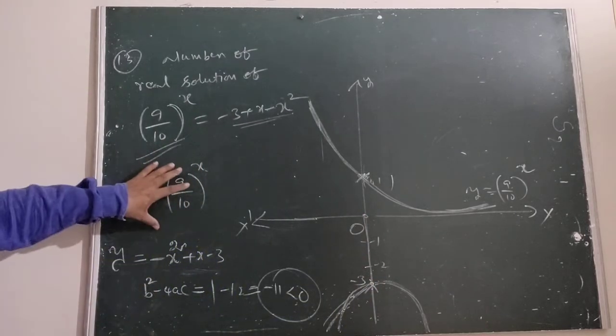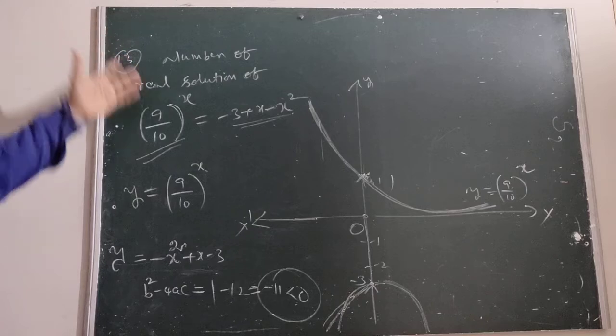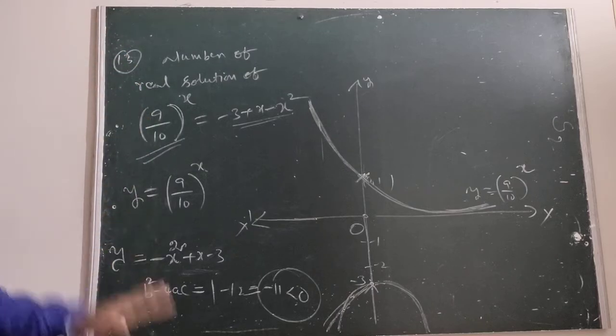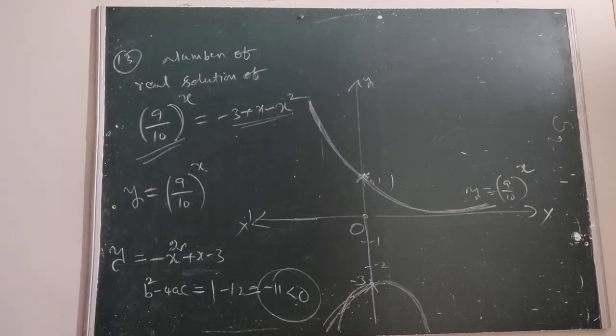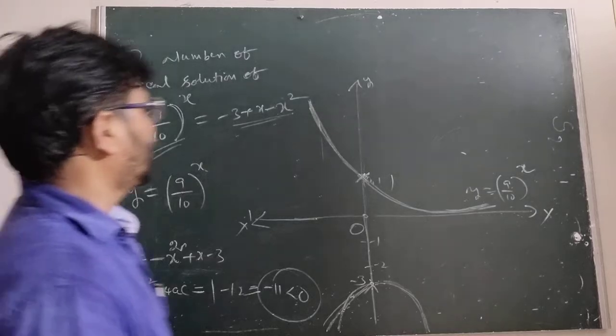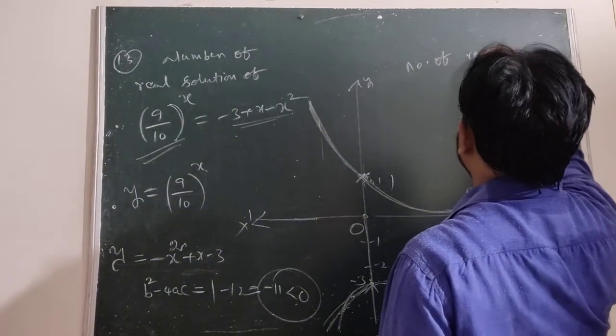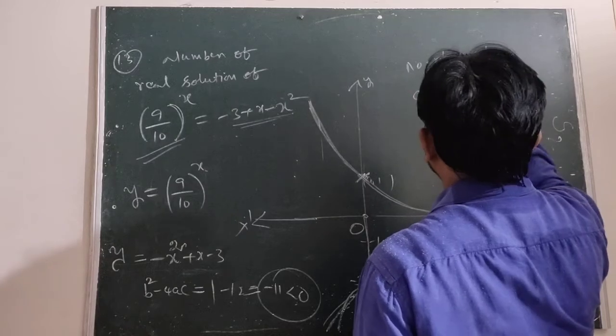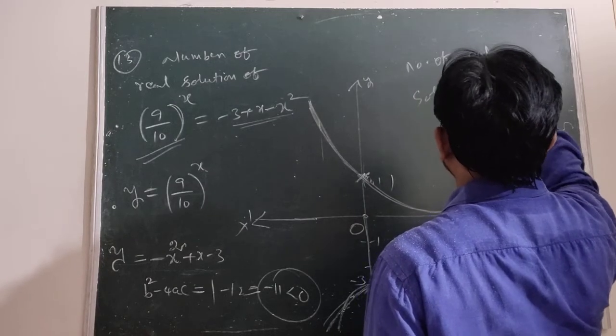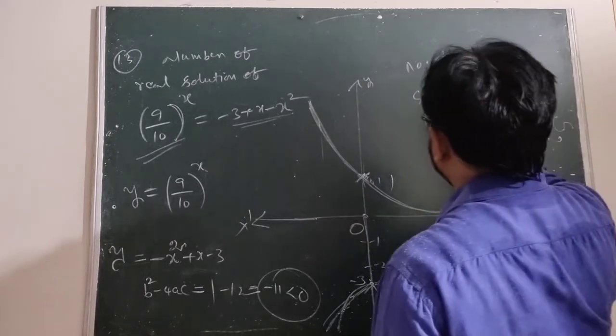Therefore, the first curve completely lies above the x-axis and the second curve always lies below the x-axis. Those are not intersecting. Therefore, the number of real solutions in this case is 0.